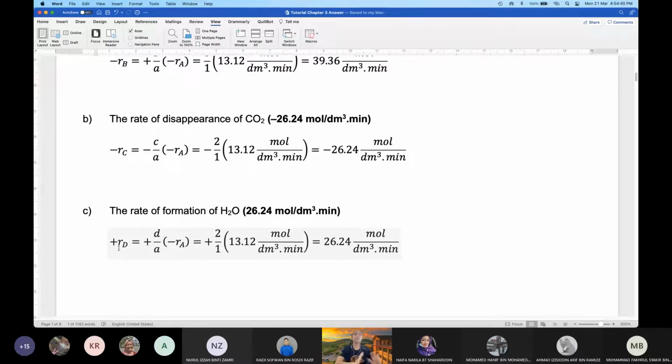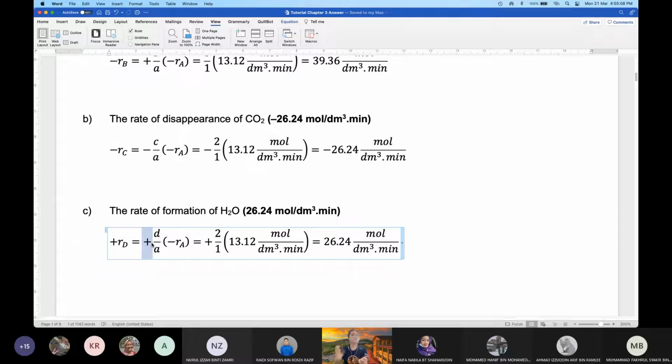So again, sebelah kiri kamu dah tahu kamu nak cari positive RD. Now you look at your right hand side. So your right hand side, ingat dulu number tu boleh positif atau negatif. So dalam case ni, we want to find rate of formation of D. Okay, in the reaction, D does get formed. D is formed because D is a product. Water is formed in the reaction. So nak cari kadar pembentukan, and dalam tindak balas memang water tu terbentuk, memang D tu terbentuk.